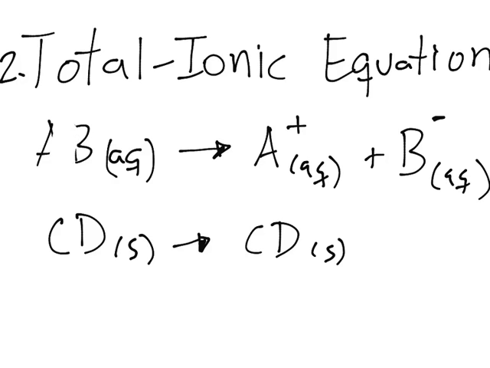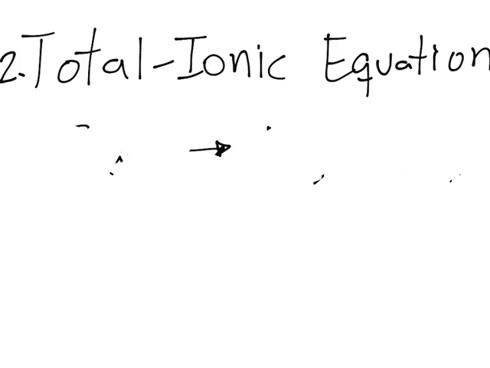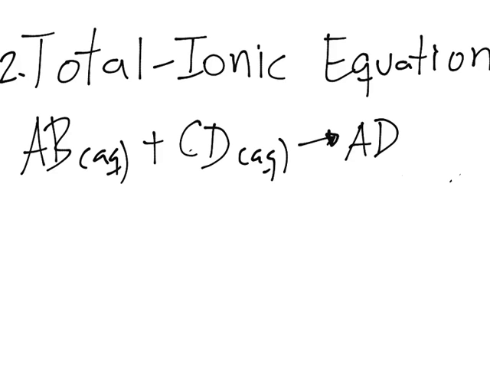Let's do an example by using the same formula I used for the molecular one. We had AB aqueous plus CD aqueous forming AD, which was a solid, and CB, which was aqueous.